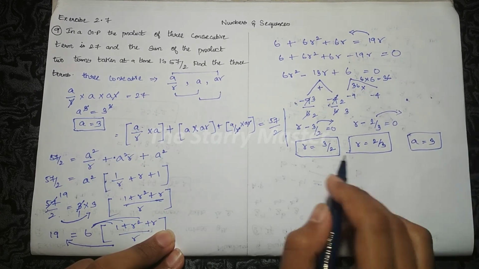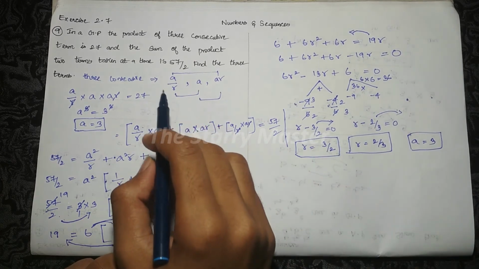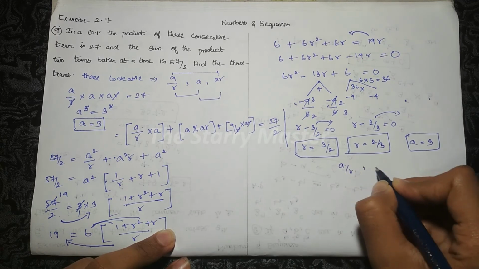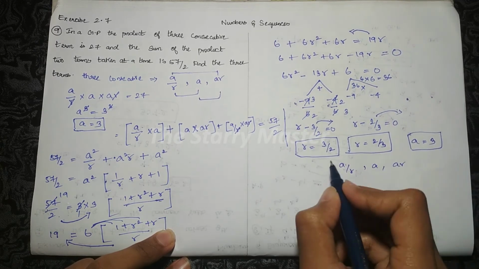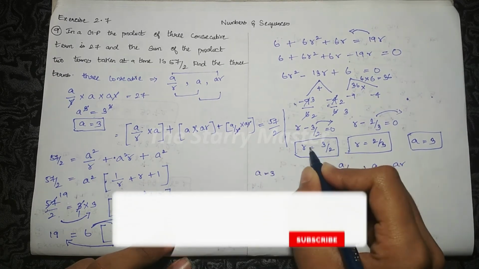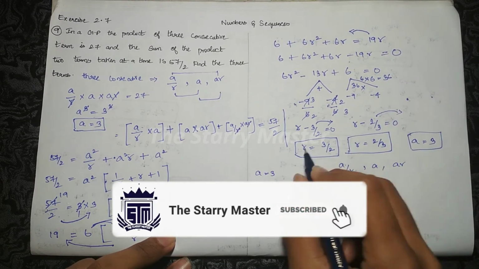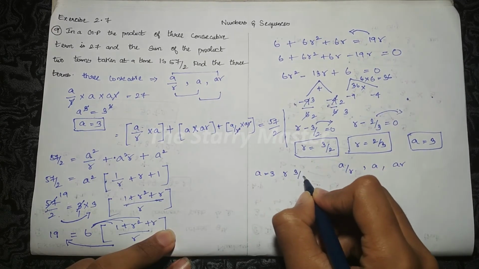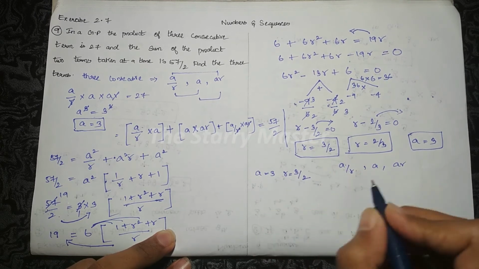By using this, we will find the terms a by r, a, ar. First we take a, which we know is 3. Then we have two r values, so we will substitute both. First we take r equal to 3 by 2.